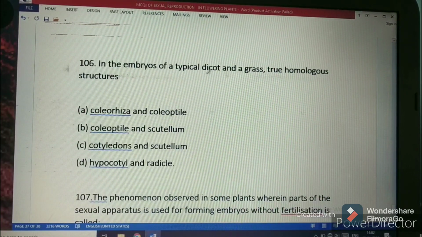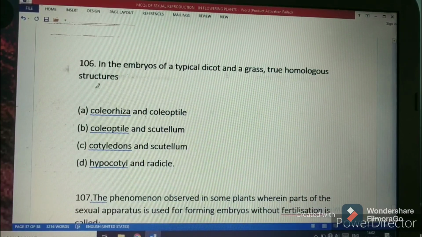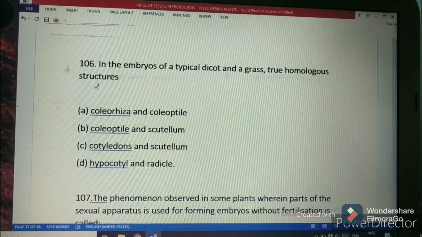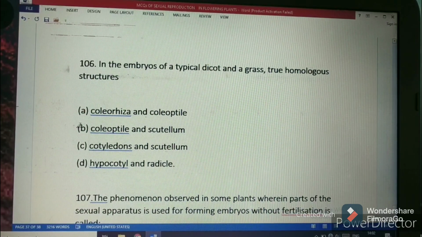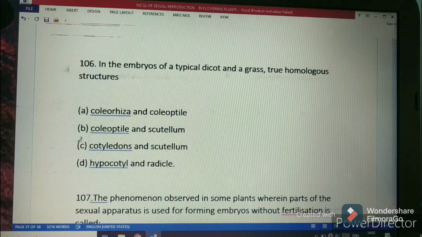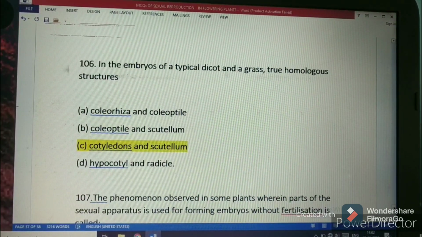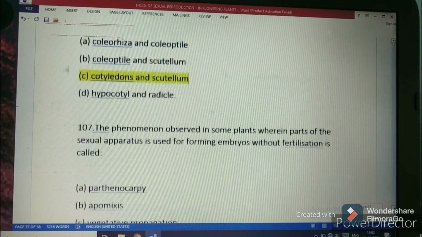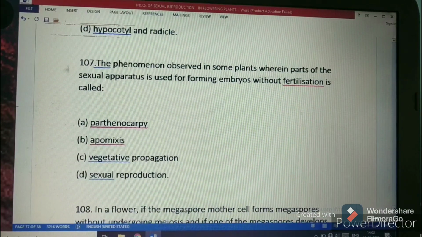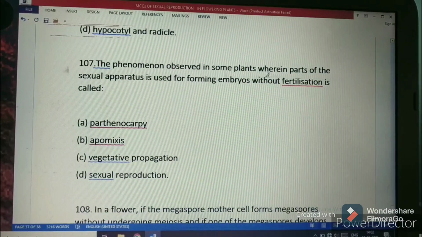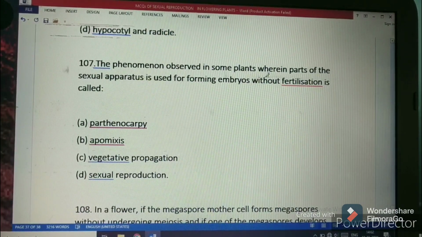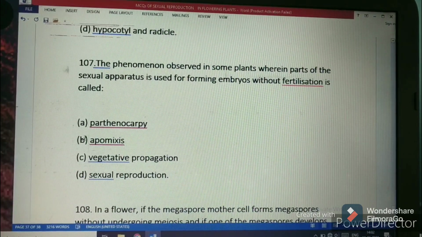In the embryos of a typical dicot and grass, true homologous structures are cotyledons and scutellum. C is the correct answer. The phenomenon observed in some plants wherein parts of the sexual apparatus are used for forming embryos without fertilization is called apomixis.